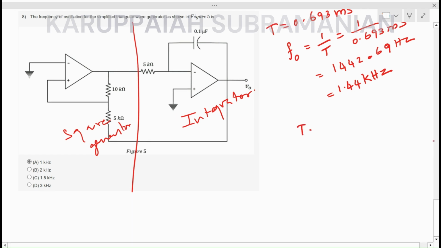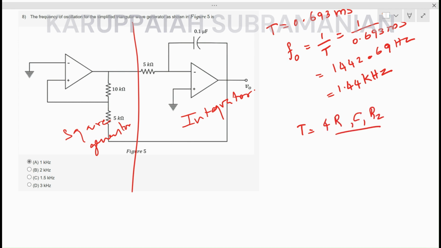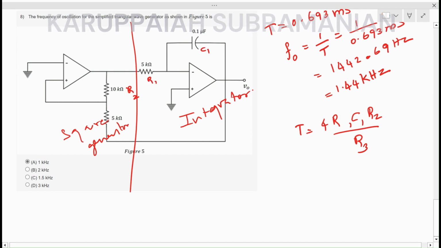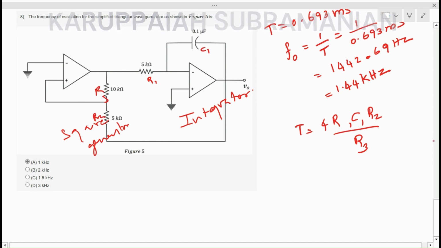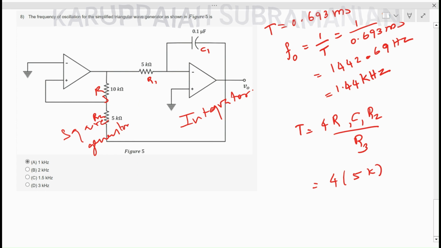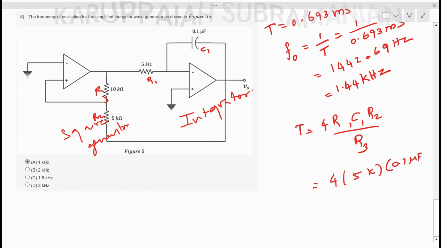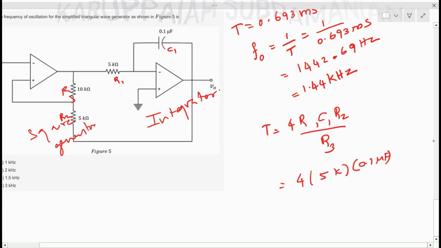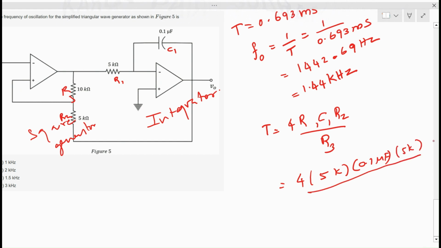The time period T equal to 4 R1 C1 R2 by R3. So R1 is 5 kilo ohm, C1 is 0.1 microfarad, R2 is 5 kilo ohm divided by R3 is 10 kilo ohm.